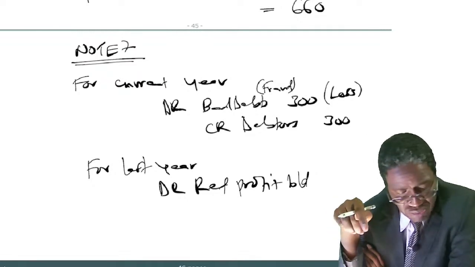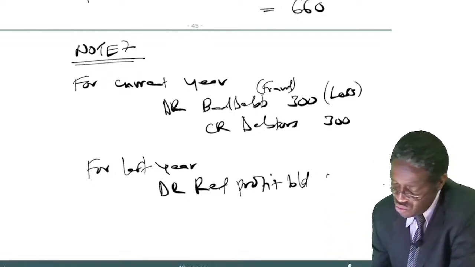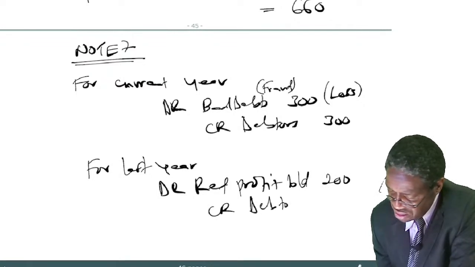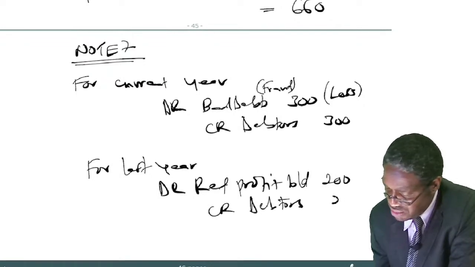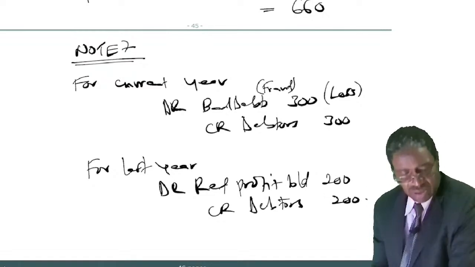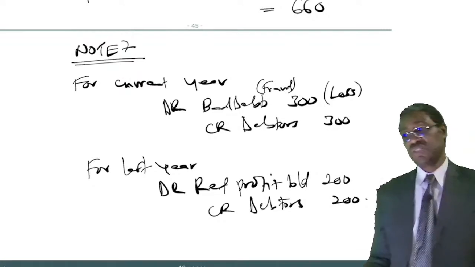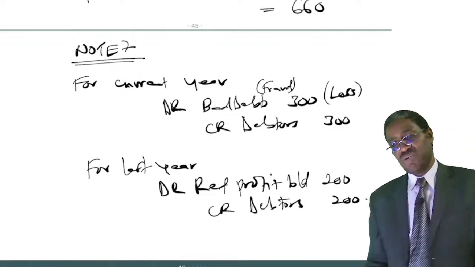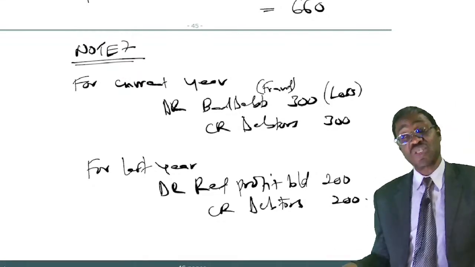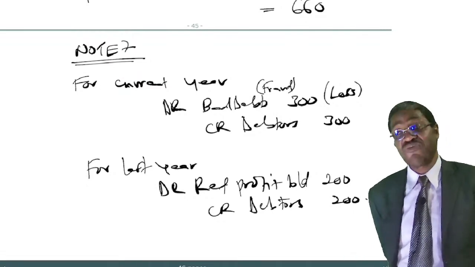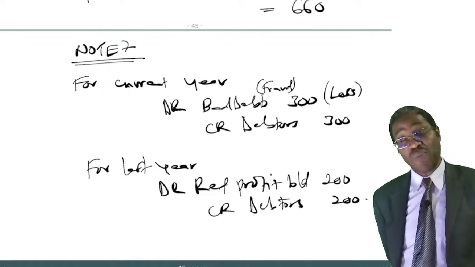We debit retained profit brought down by 200, and we credit debtors by 200. Remember, the customer had already paid. Now, this 200, I'm saying it is not affecting the P&L for this year. It's affecting the P&L for last year. We shall talk about that.